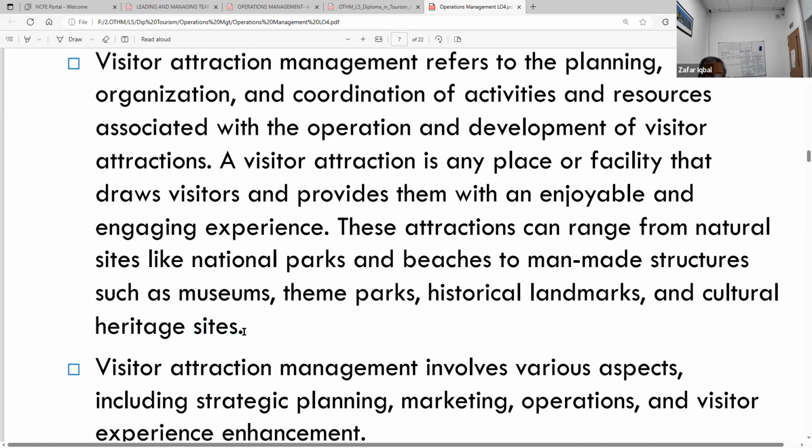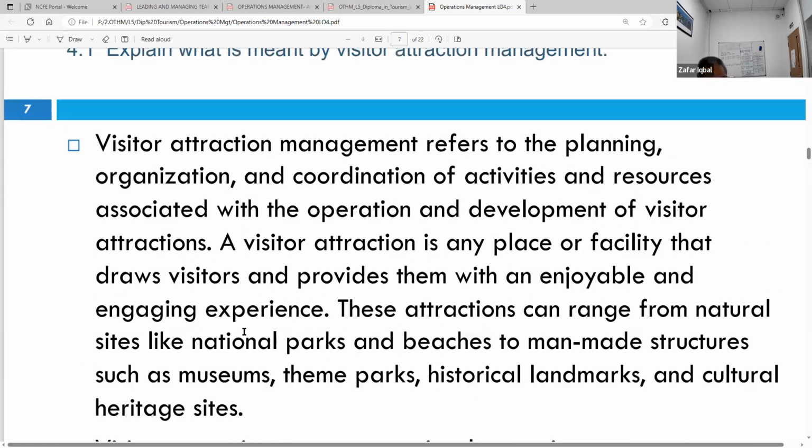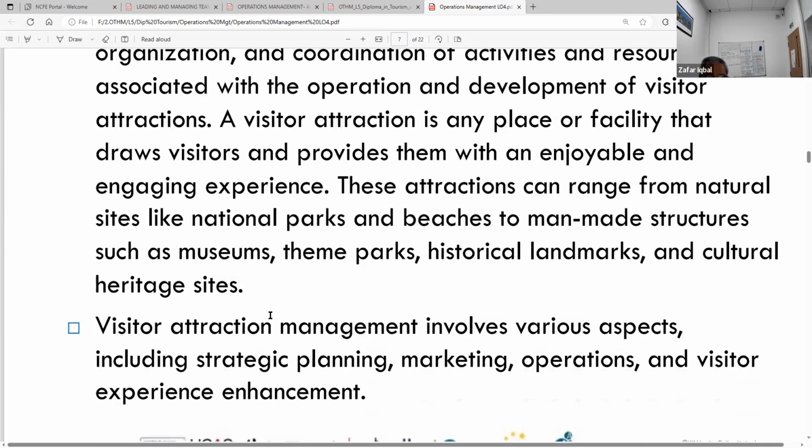So attraction management is very important. Coordinating all these activities is very important for people to enjoy and leave with a good experience.